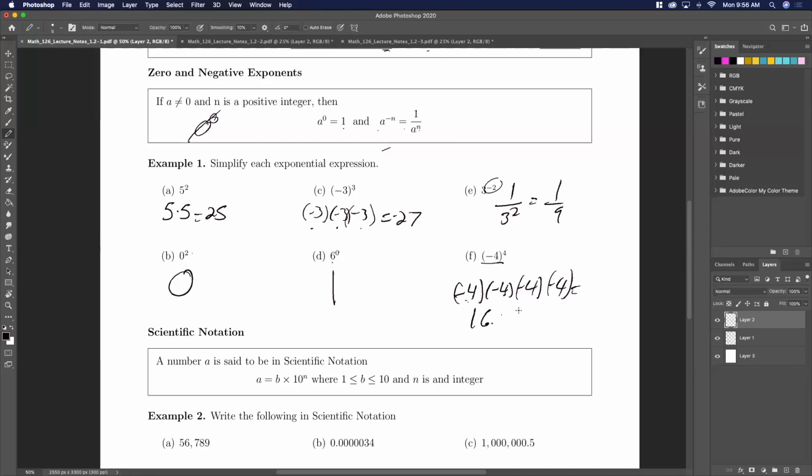My brain can't count. 16 times 4 gives me 64, right? And 64 times 4 gives me 256. Yeah, so 256.